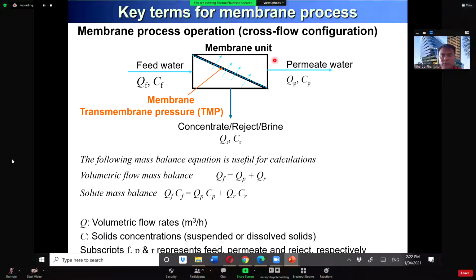So you have a membrane here like this, the membrane model, for example. You feed water, so it can be anything. QF is the inlet flow, the feed water, and CF is the concentration of contaminant in the feed water.